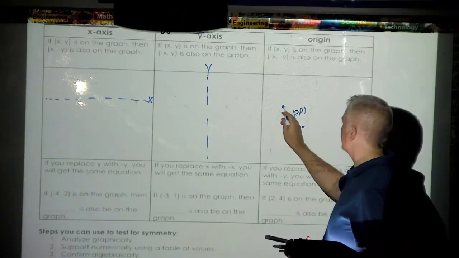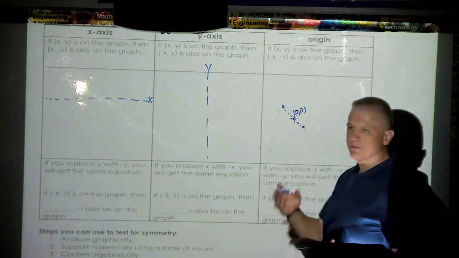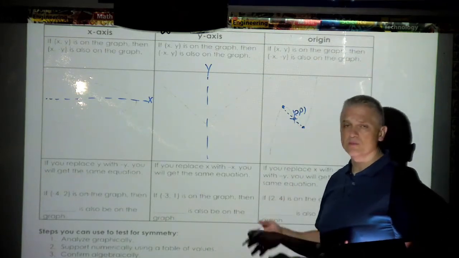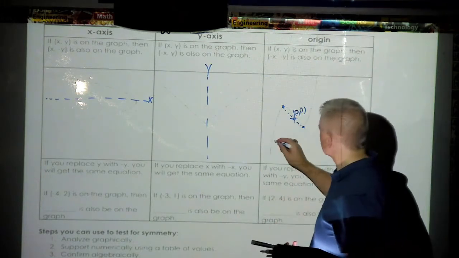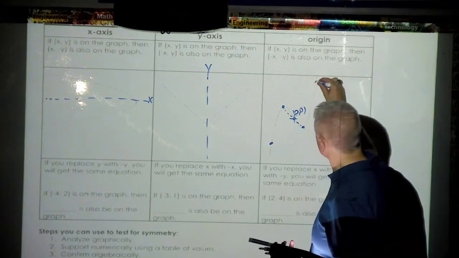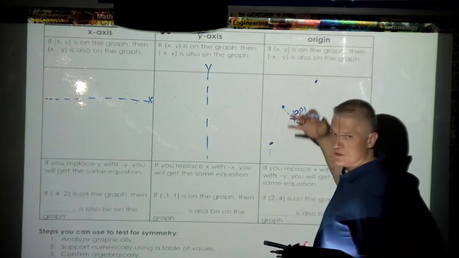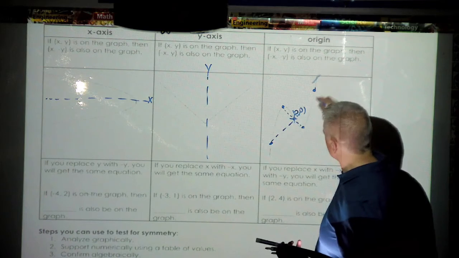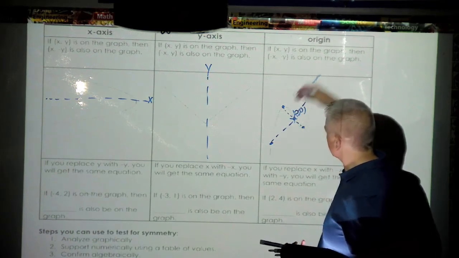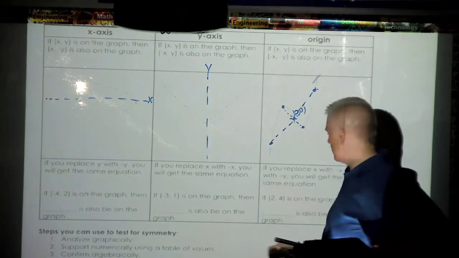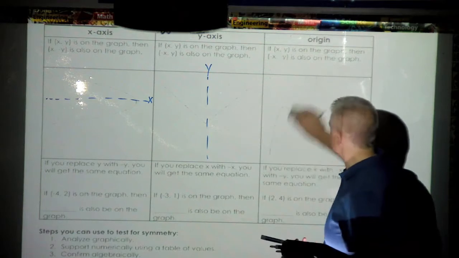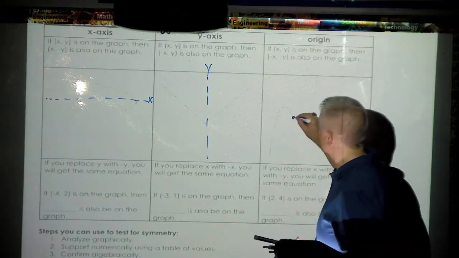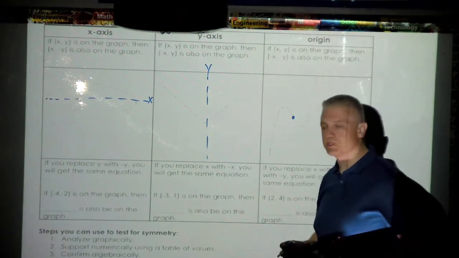If you connected both of them to the origin, it would be 180 degrees, and they would be equidistant from the origin. So this point here could have maybe this point as its mirror image. If you connected them, you would get a 180-degree straight angle, and they would be equidistant from the origin.